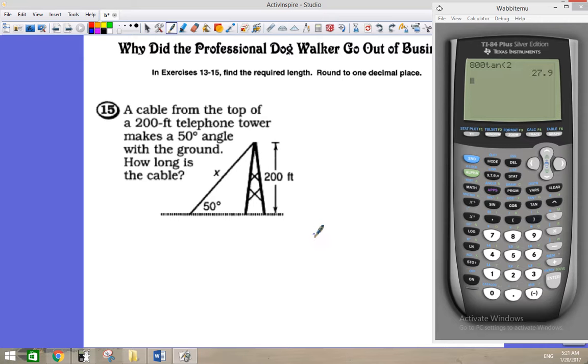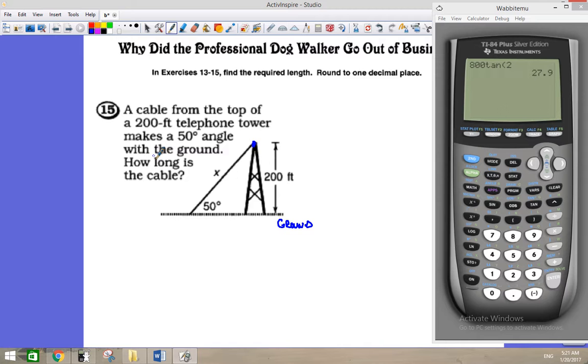All right, so in this last problem, we've got this cable tower. It's drawn here. Now, although that looks like a triangle, that's not the triangle of interest. There's a cable at the top of this tower that goes down and connects to the ground. It makes a 50-degree angle with the ground.